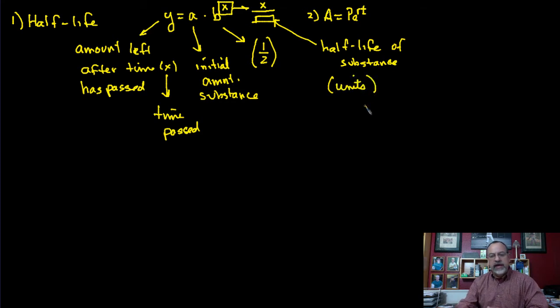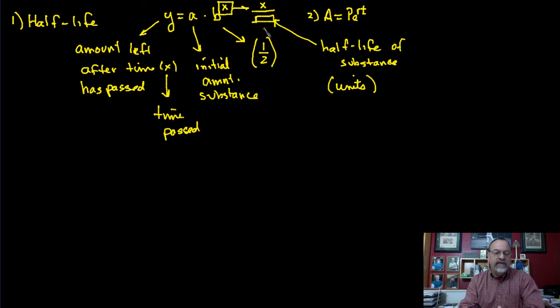In other words, if it's years, you need to identify that the half-life is in years. If the half-life is in minutes, it needs to be identified that the half-life is in minutes, because the x value that we substitute in, the time that's passed, has to be in the same units as the half-life.